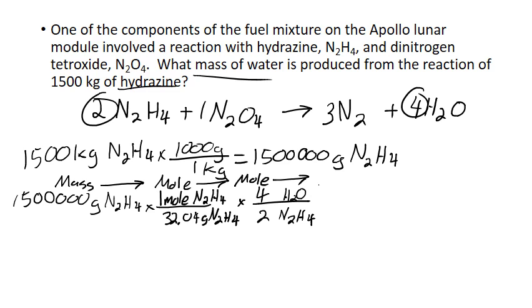And now I go from moles to mass. So I now have my moles of H2O. I canceled out hydrazine. So now I need to convert the moles of H2O to a mass of H2O. So I need to get rid of moles of H2O and get a mass of H2O. And that's just 18.